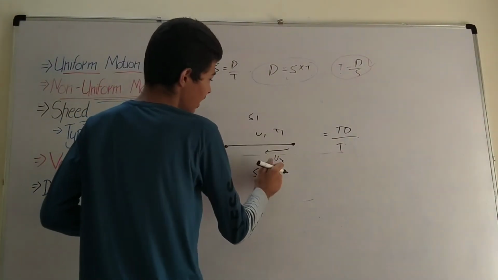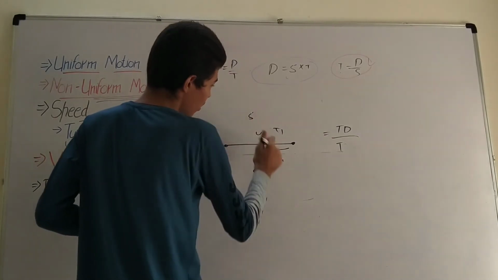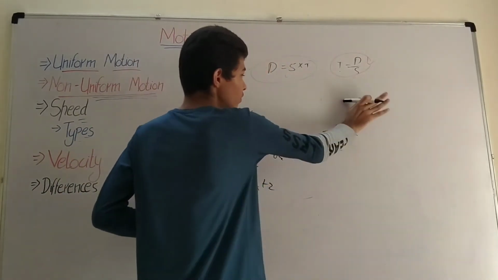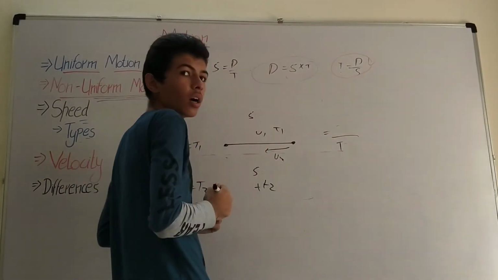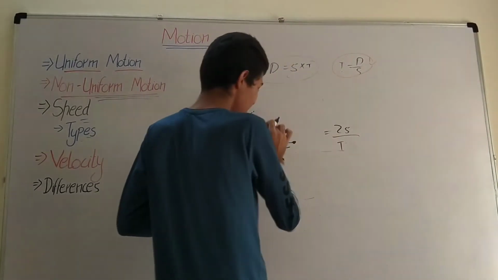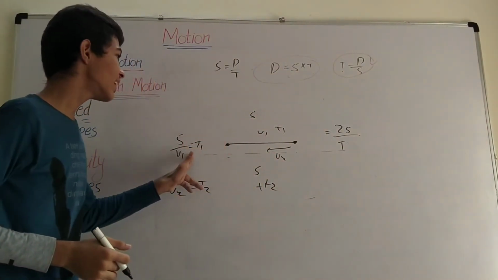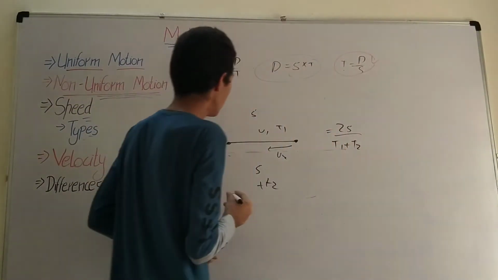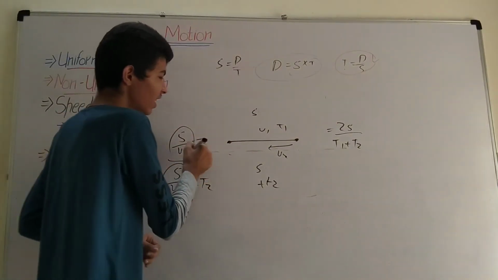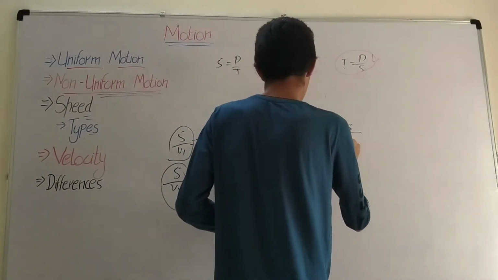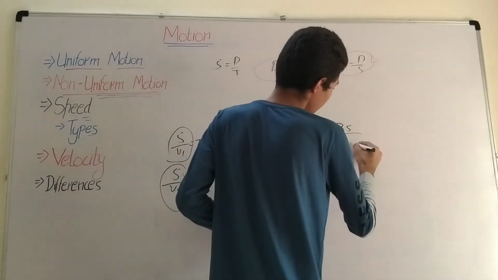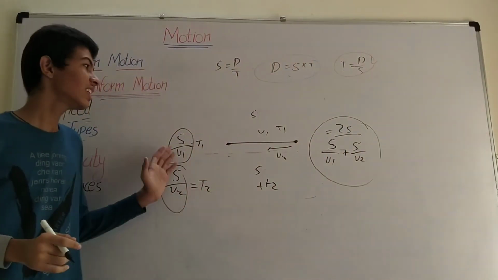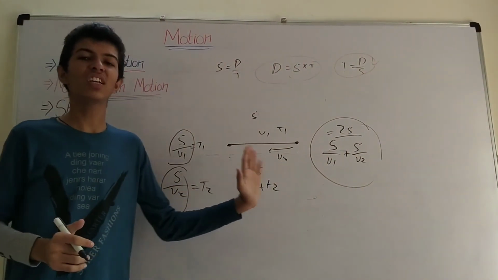So the total distance would be 2S, that is S and S, and the total time is t1 plus t2. Now we can put in the values of t1 and t2, which gives S divided by v1 plus S divided by v2. So this is how we can calculate the average speed when the body is traveling the same distance with different velocities.